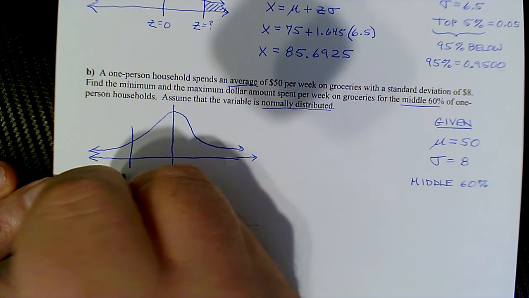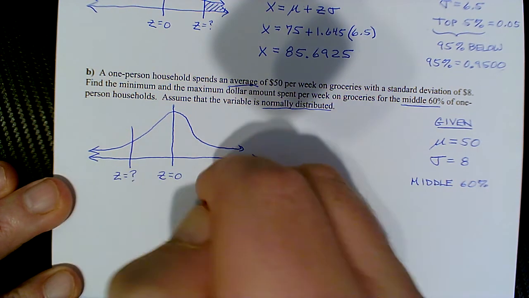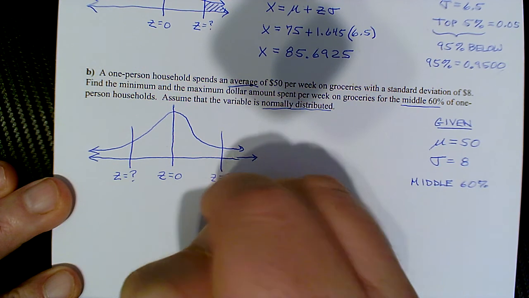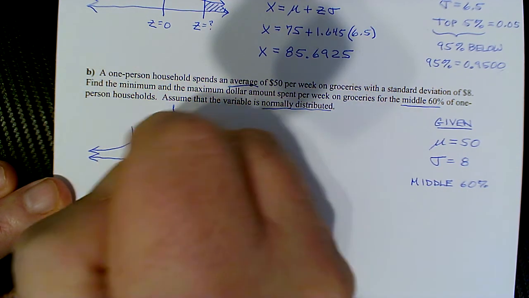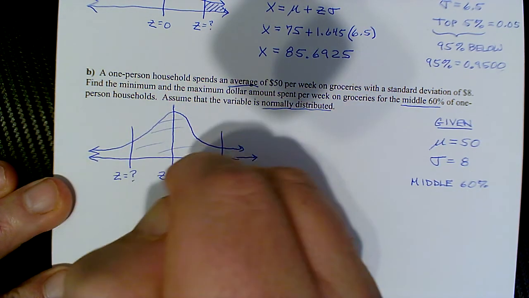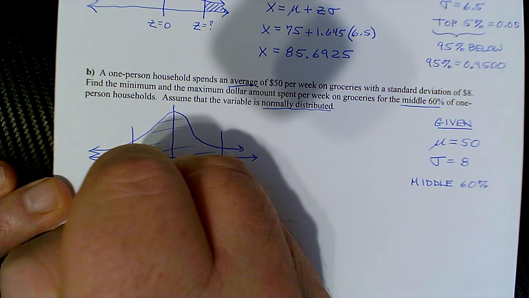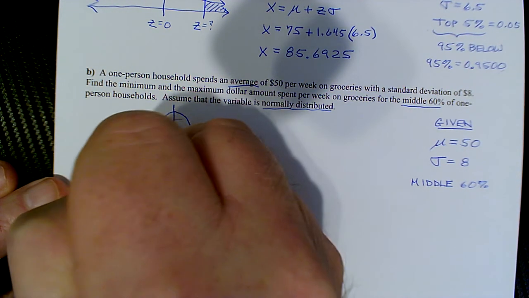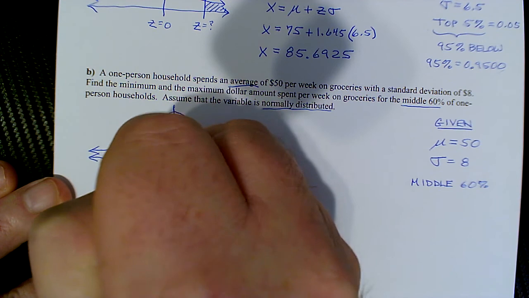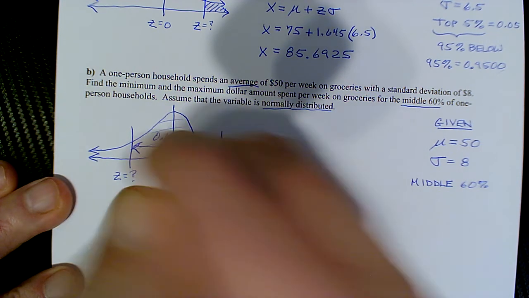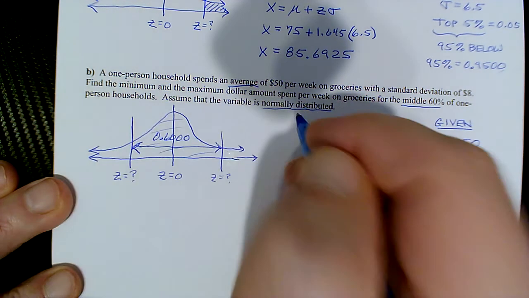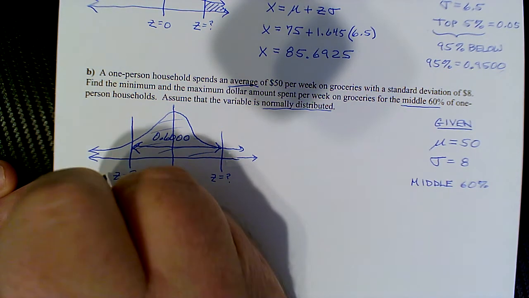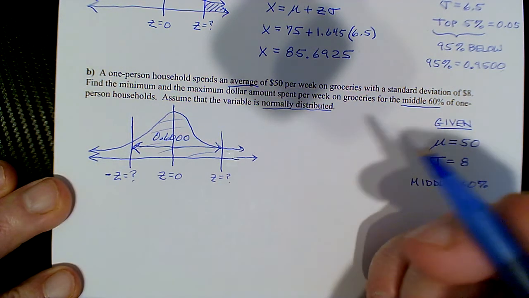We've got a negative z-score to the left and a positive z-score to the right. And in this shaded region, between those two values, is 60%, or 0.6. So we did this earlier, remember, when you're working with positive and negative z-scores. You can call this negative z if you want.